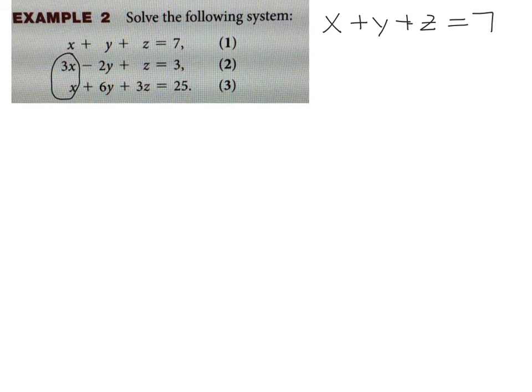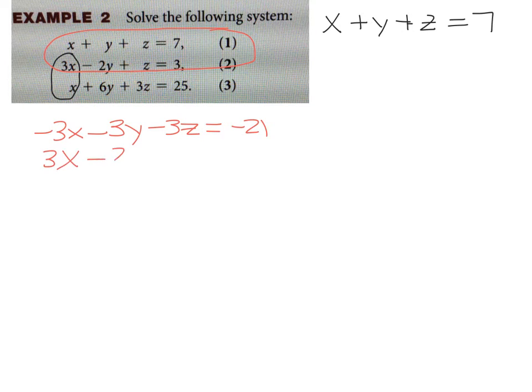Now what I'm going to do is pair equation 1 and 2 together, and I'm going to get my x's to eliminate. So to do that, I need to multiply equation 1 by negative 3. So I'll have a negative 3x, a negative 3y, a negative 3z equals a negative 21. And I need to add that to equation 2.